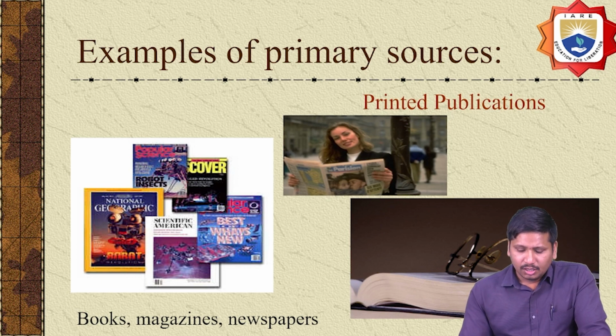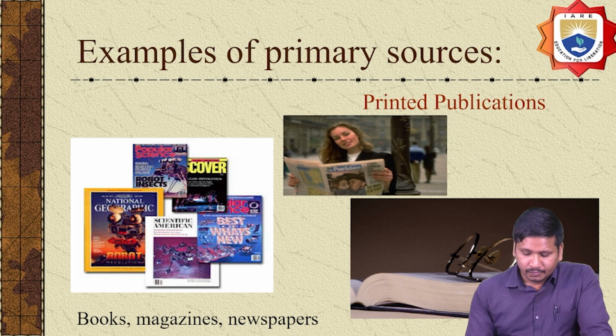Magazines should also be a source of primary data, since all the research activities and current running data are displayed in magazines, so they are also an example of a primary source. Newspapers are also a primary source example, because the activities and information going on in the present world can be seen through newspapers only, right? So the newspaper also becomes an example of a primary source.